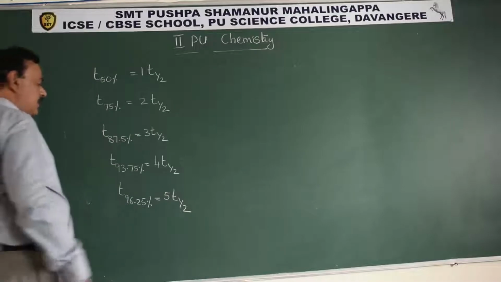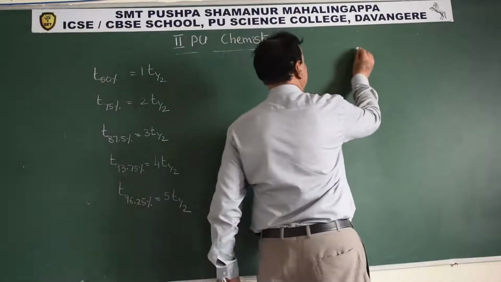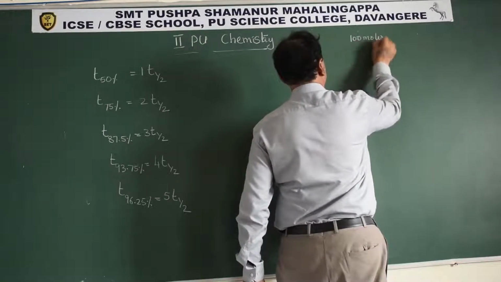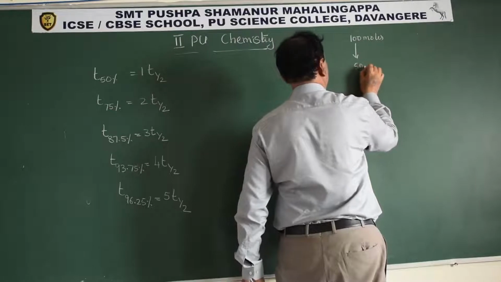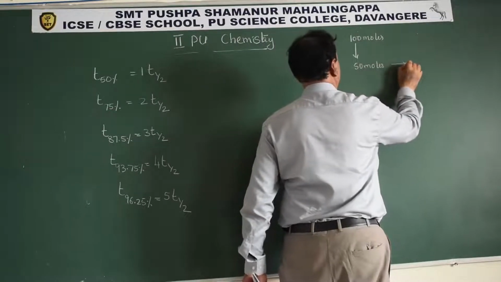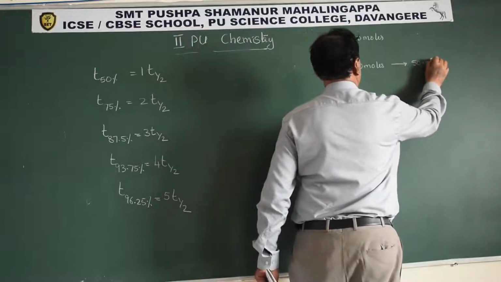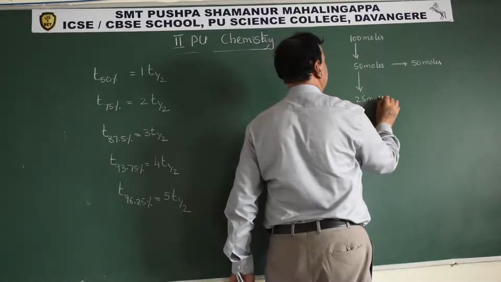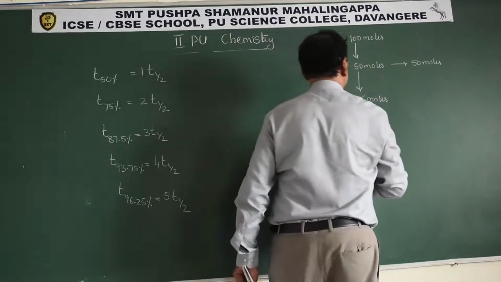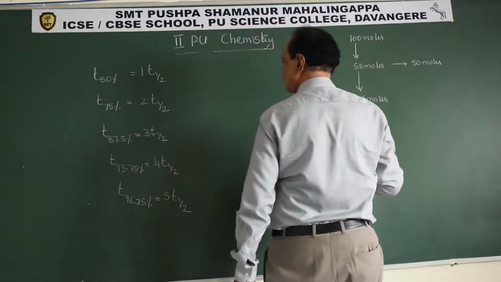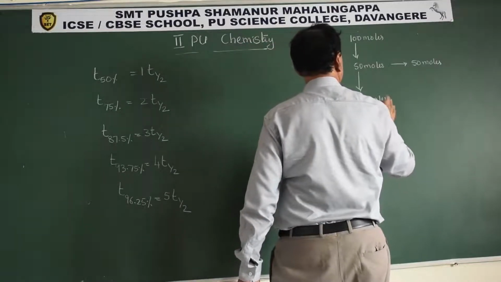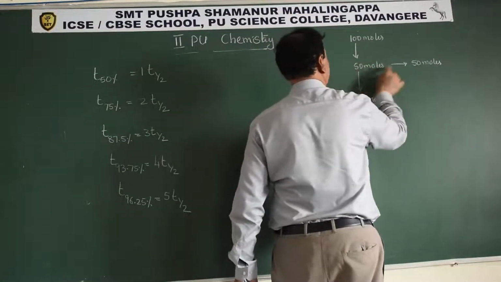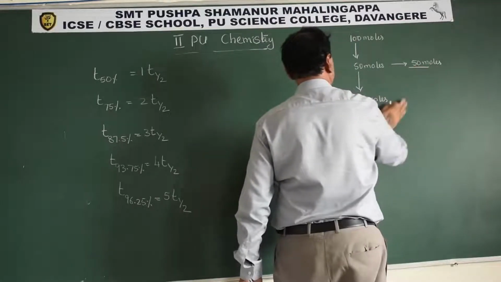Sir, how do we get these values? See, initial 100 moles, 50% completion is 50 moles, remaining is 50 moles. Then again half of this, 25 moles remaining. This is the first half-life, 50% means first half-life.